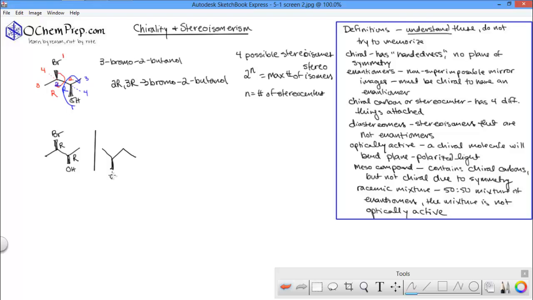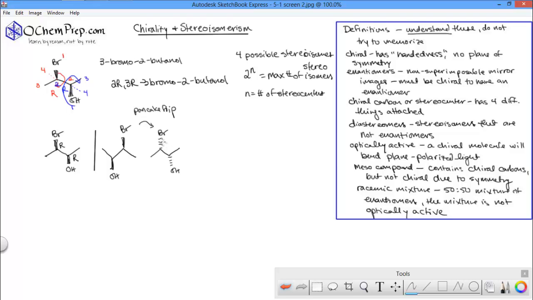And then OH on this carbon and Br on this carbon. Now it's good to take this and do what I call a pancake flip, a 180-degree flip. So when I do that, I'm going to go like this. This is my pancake flip. And what happens is the OH goes back and the bromine goes back.